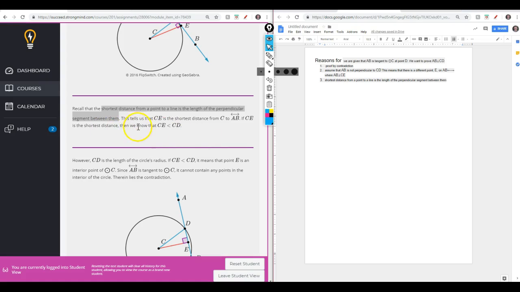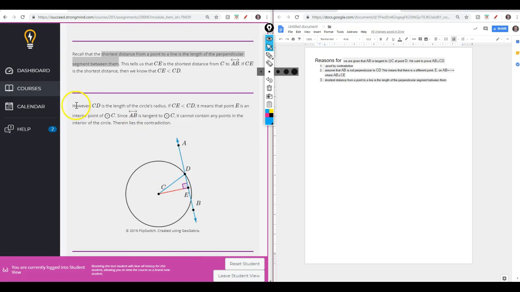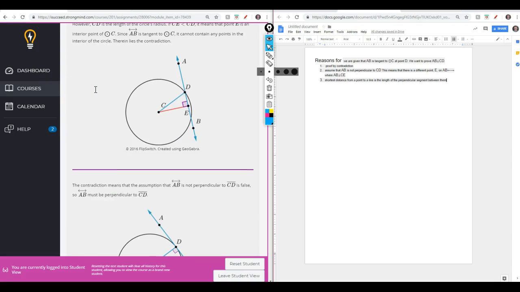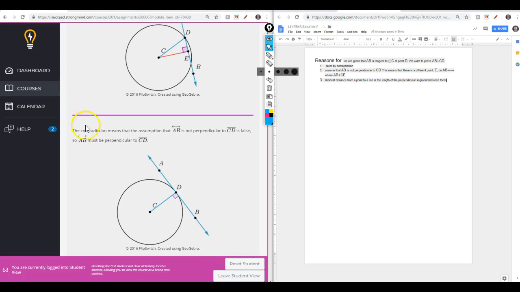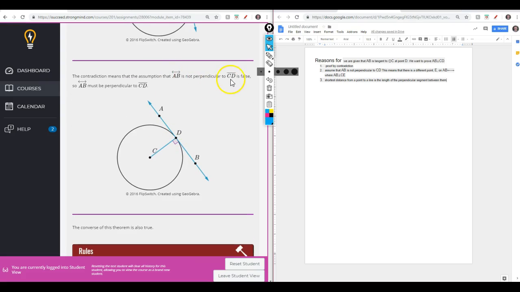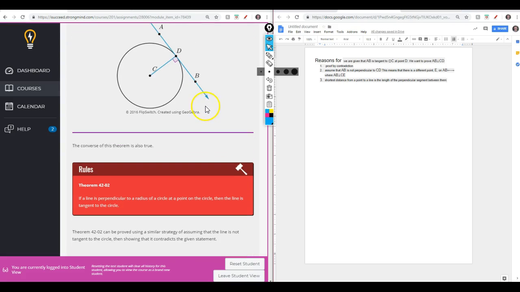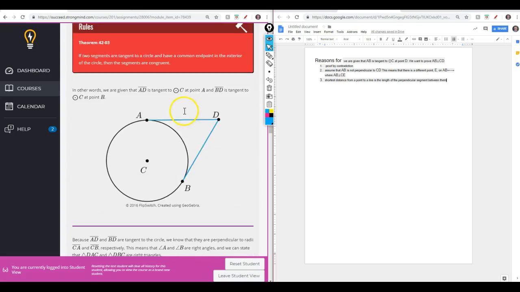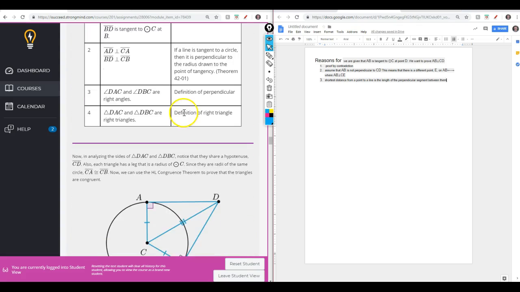And then they're comparing segments, showing one's less than the other one, and showing that point E would have to be interior, and then that is the contradiction that segment AB is not perpendicular to segment CD, which is false. So that is kind of the gist of that paragraph proof.